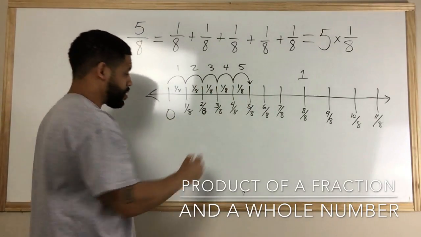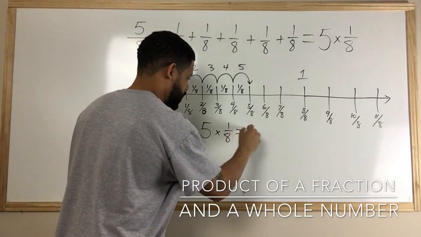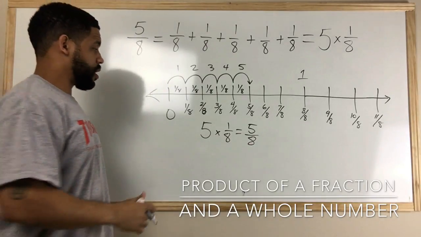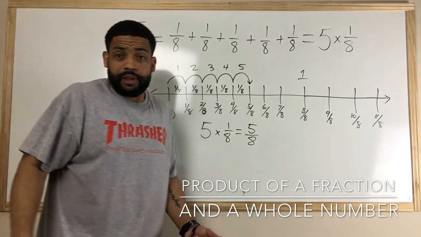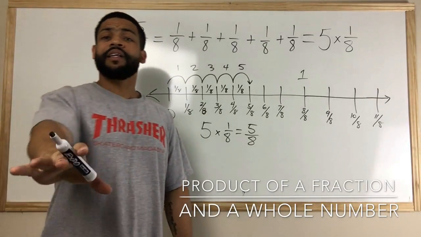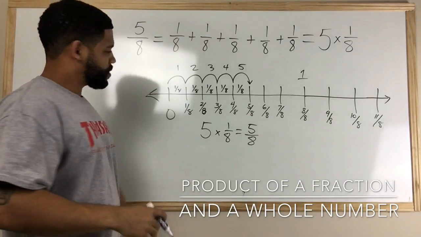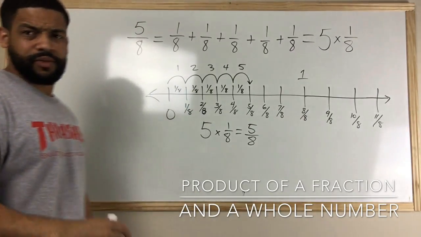So that is the same thing as 5 times 1/8, which equals 5/8. Okay? So 5 times 1/8 is 5/8. That is a visual representation of it. Now, let's do another visual representation of it. Let's get some space down here.